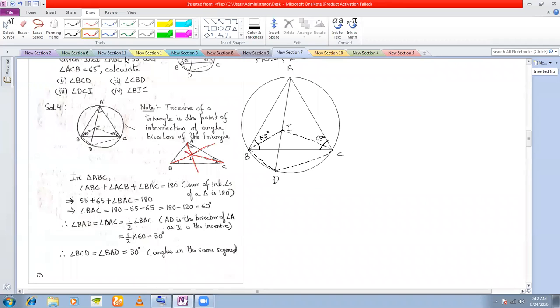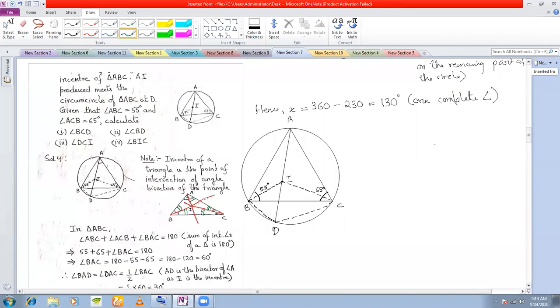What does the bisectors mean? If I'm drawing the bisectors, that means these two angles must be equal. Angle at A must be equal. These two angles, the angles at B must be equal, and these two angles, the angles at C, must also be equal. Okay. So with that idea, we start this problem.